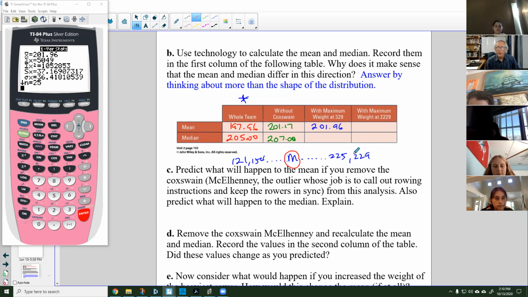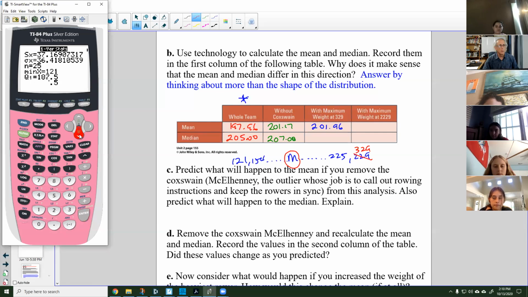Okay, now if I change this here to 329, does that change at all? Oh no, it'd be the same. It doesn't change. The value in the middle is the value in the middle, right? I can change any of these data items at either extreme, and the value in the middle is still going to be in the middle, right? So let's take a look and see if that's true. Scroll down here. And sure enough, the median still stayed 205.